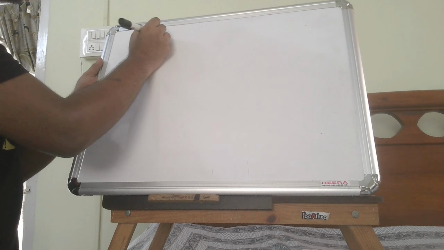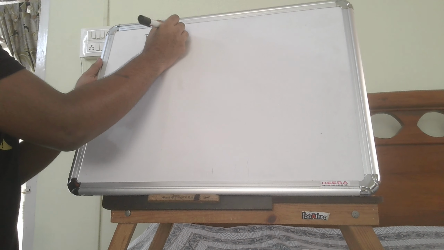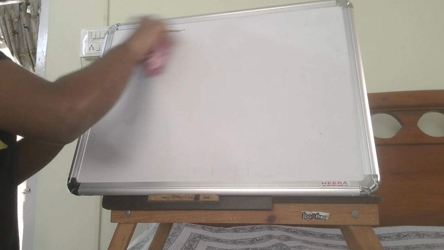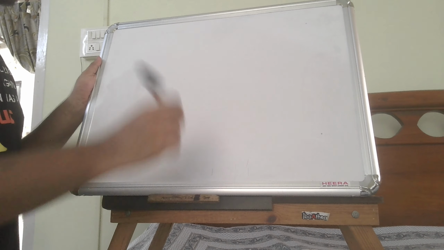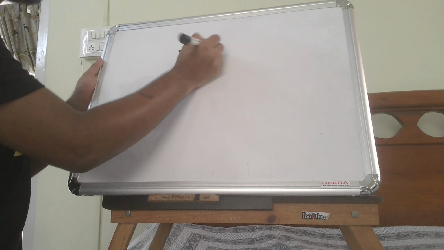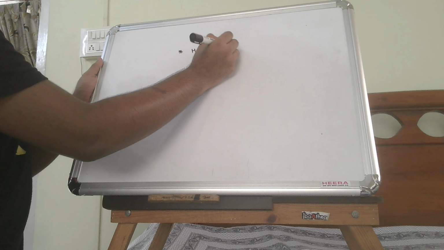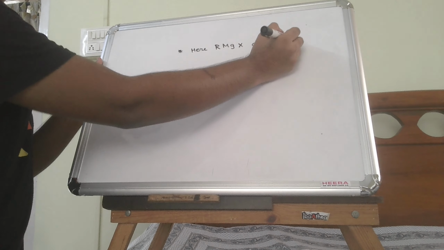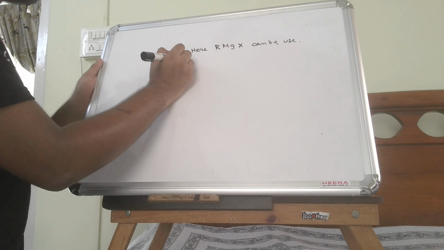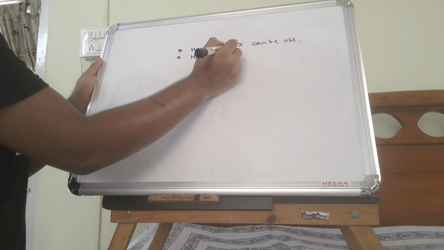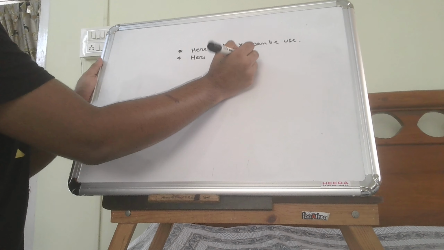Now, reactions. So what is the part here? Grignard reagent can be used. In this type of reaction, hydride H minus will do the same reactions.